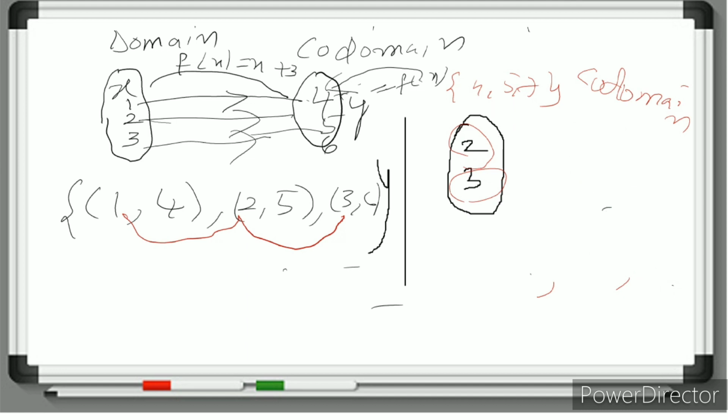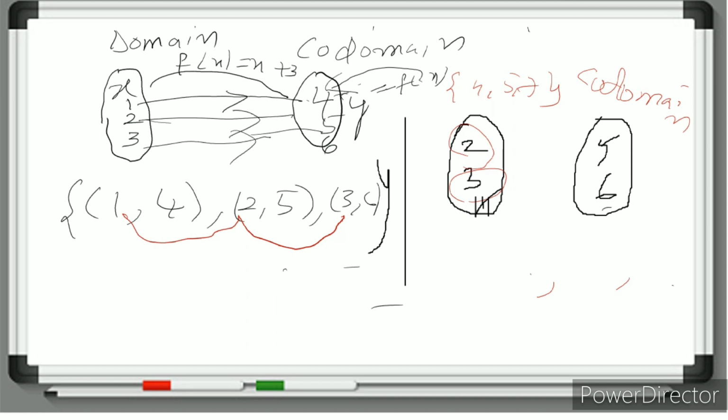Suppose I have, I will do one thing. Here I take 2, 3, 4, and in another one I will take 5 and 6.